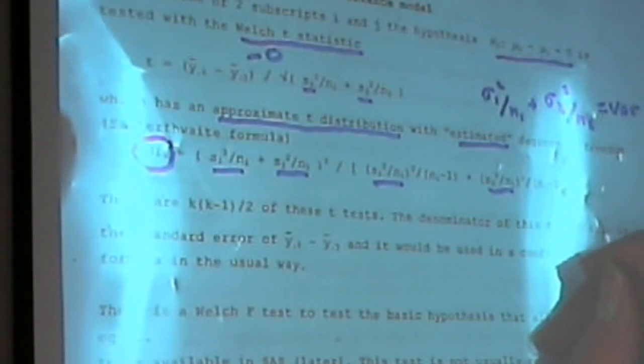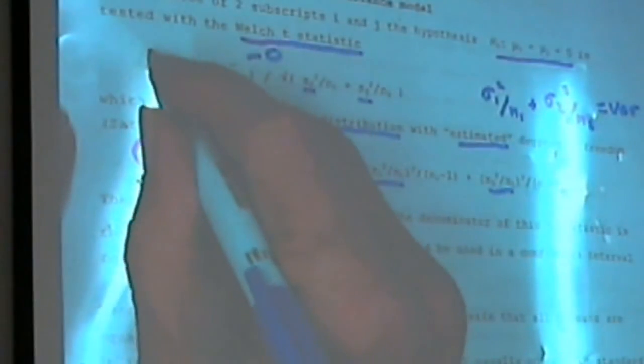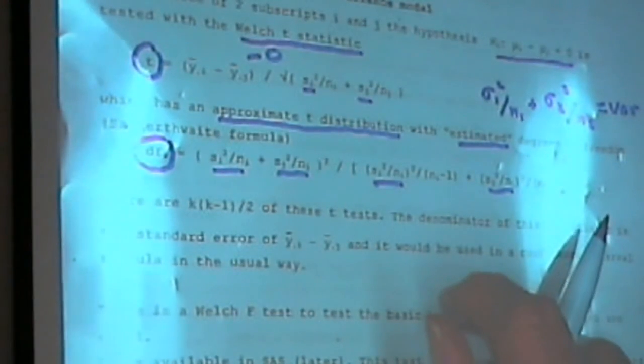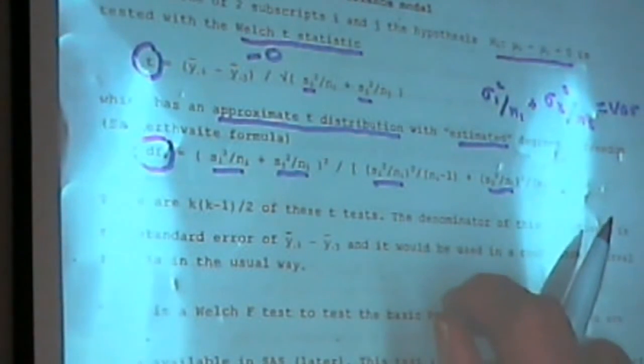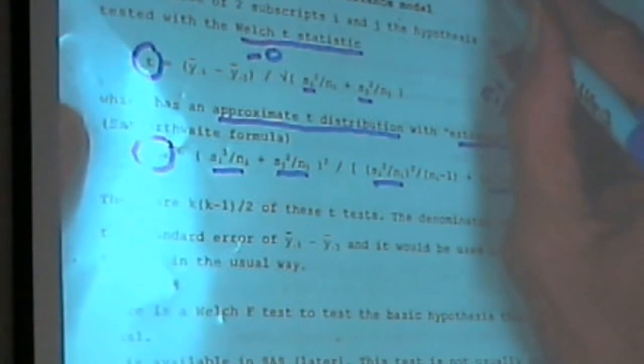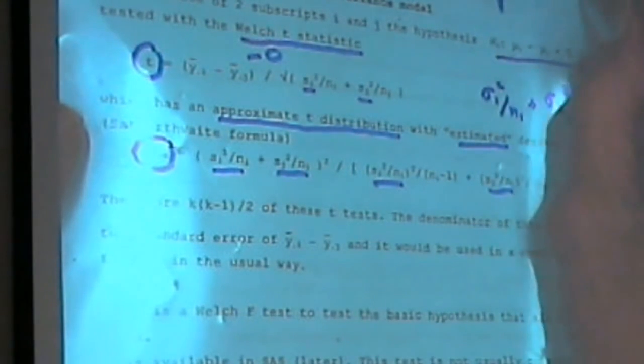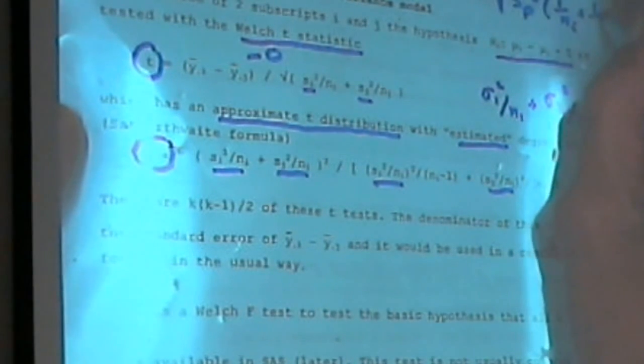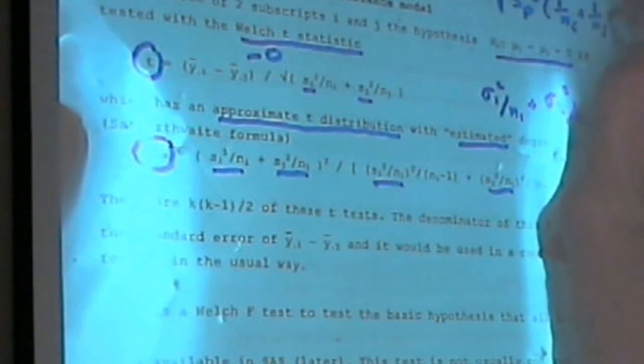So if we run a Welch t-test, here's the t-test statistic. Notice it's different than the regular t-test statistic. The regular t-test statistic would have a denominator which would be the square root of s_p squared times 1 over n_i plus 1 over n_j.